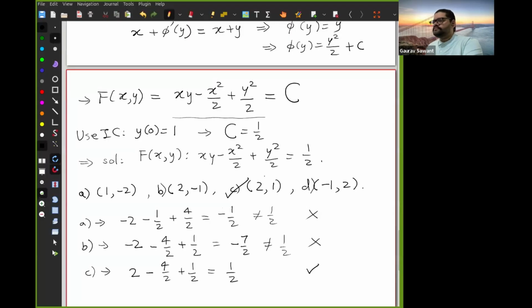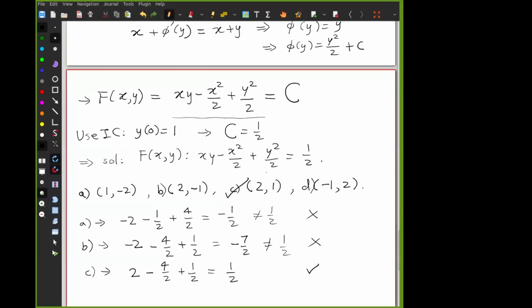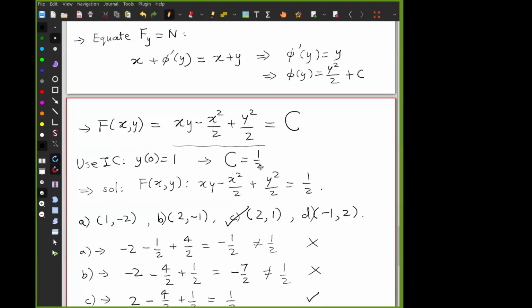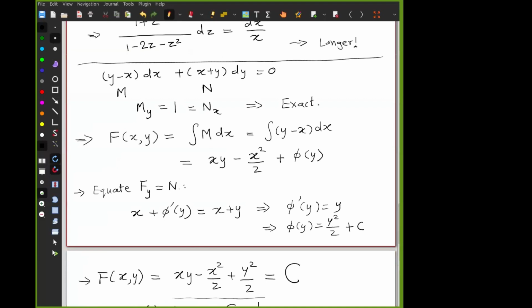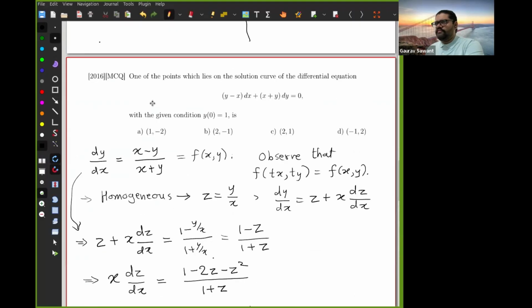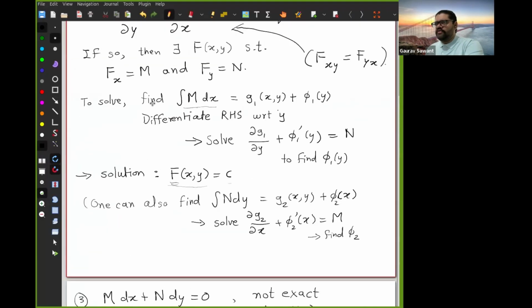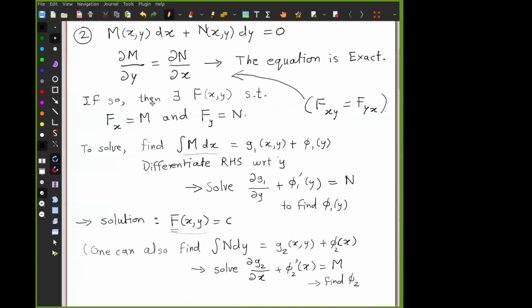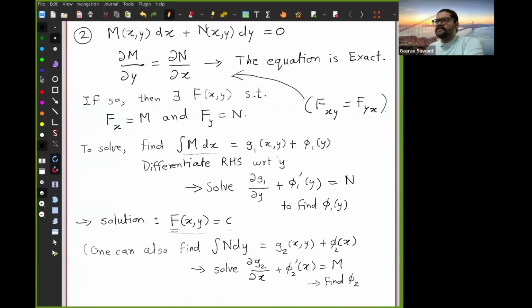Okay, sir, one question. On the previous page, F_y equate F_y is equal to N. Here, what is done here? So the thing is that let me go a little more before, where I talked about exactness. The idea is that you are expecting a solution of this form, f of xy is equal to constant.